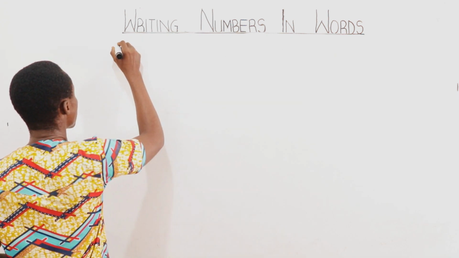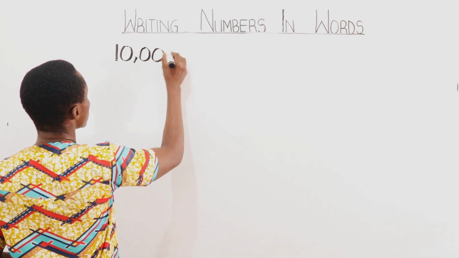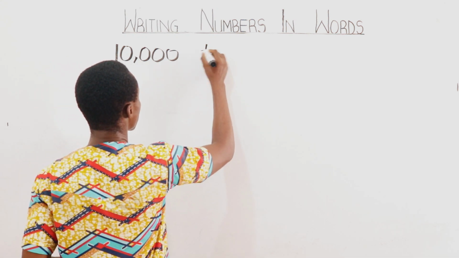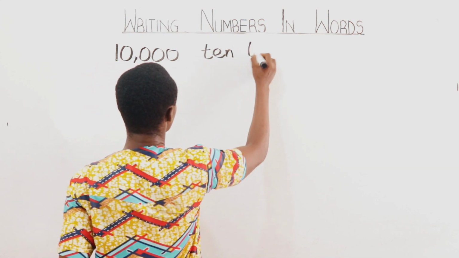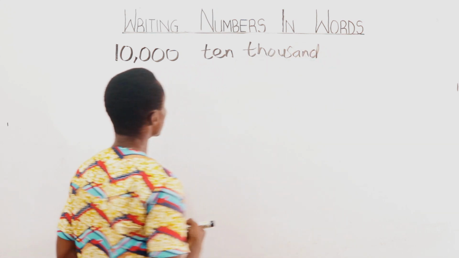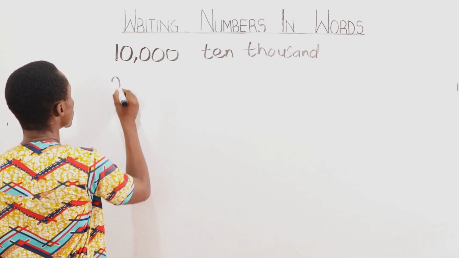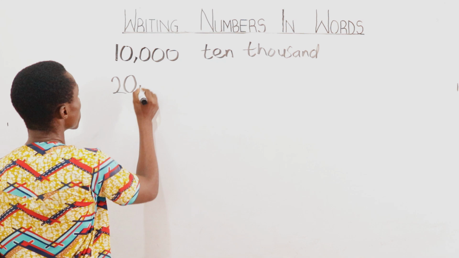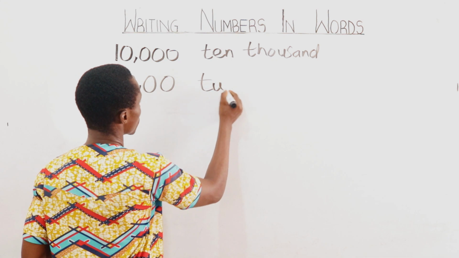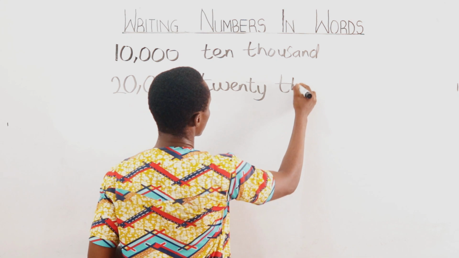So the first 10,000s is 10,000, and 10,000 we have 10, and then 1,000. Okay, good. The next 10,000 is 20,000, and that is 20,000.